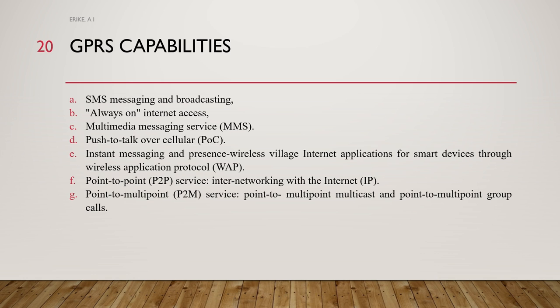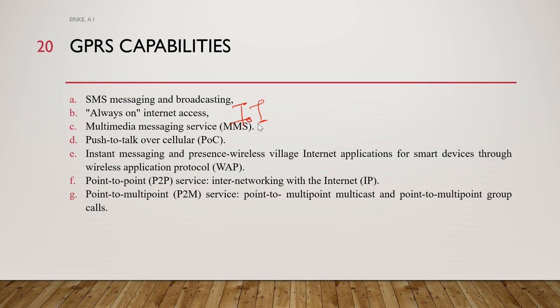Okay, number one is that you can use it to send SMS. All right, you can use it for always-on internet access when you are doing perhaps your IoT. It may not be the best approach, but you can use it to actually do something.